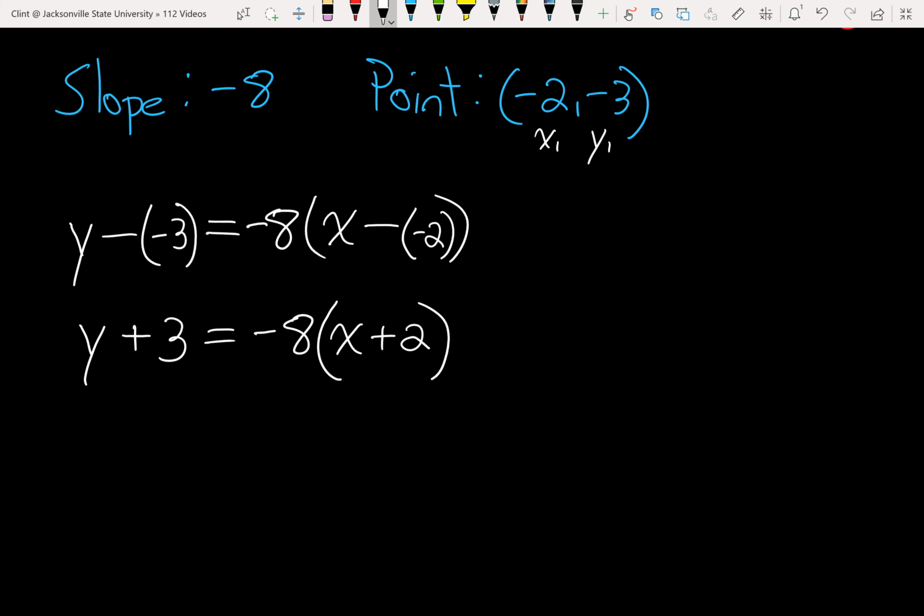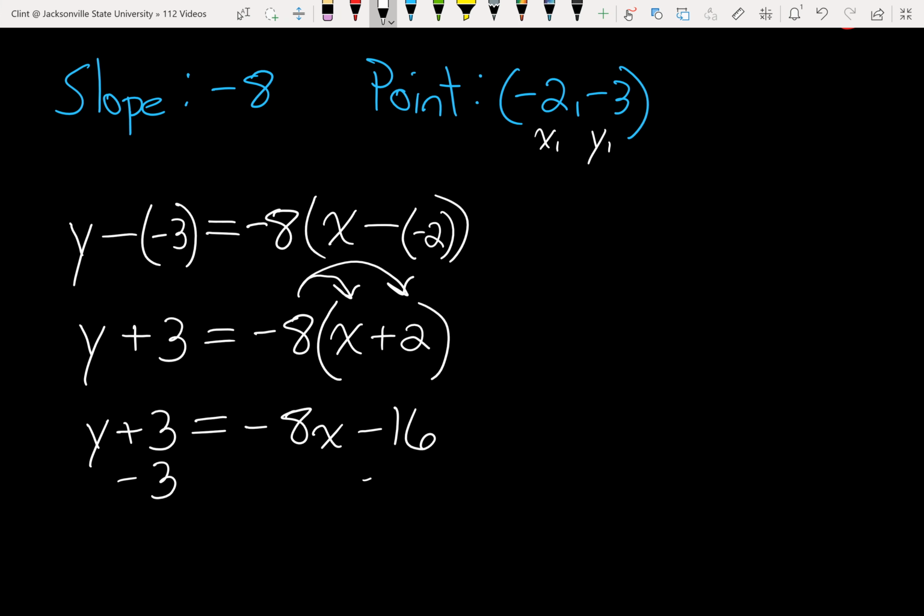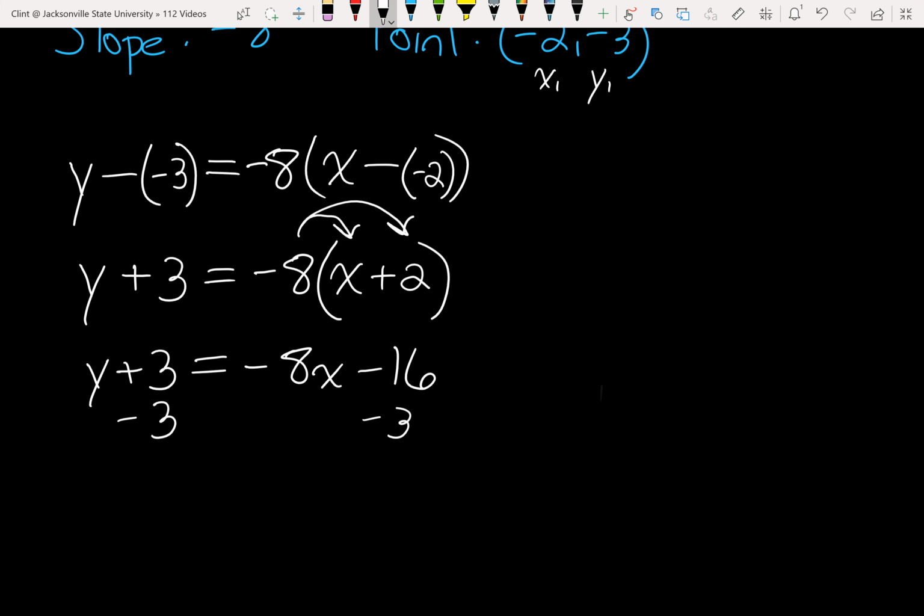If it tells us to put our answer in slope-intercept form, y equals mx plus b form, then we need to distribute on the right side. So we'll get negative 8x minus 16, and then we need to subtract 3 from both sides to get the y by itself.